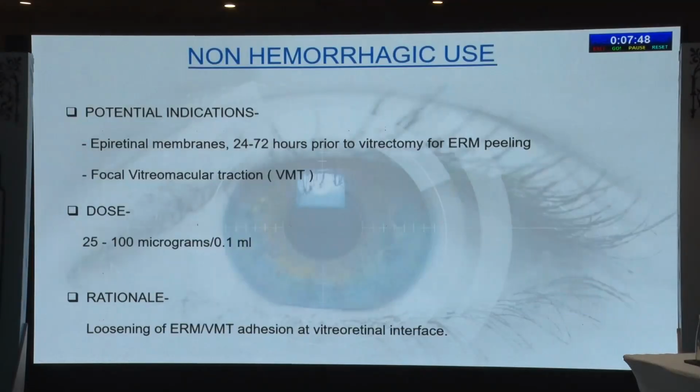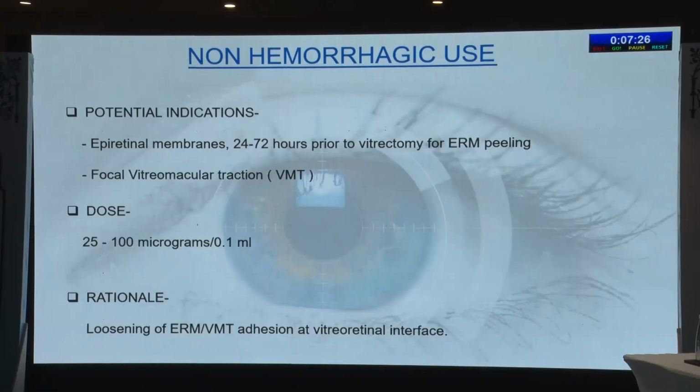So coming to the last talk of this session, some of the non-hemorrhagic, non-conventional uses of tissue plasminogen activator. For the potential indications, there are no randomized controlled trials, no studies of good power to showcase all of this.